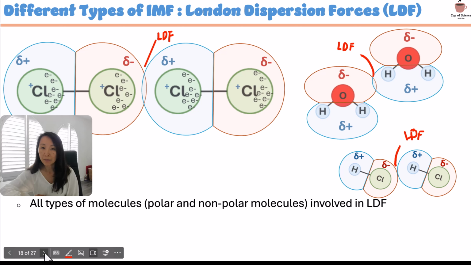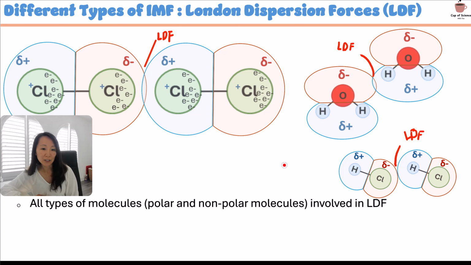All types of molecules, whether polar or nonpolar, will be involved in London dispersion forces. Now you might ask, well, this one has hydrogen bonding and this one has dipole-dipole. Yes, that is true. This has hydrogen bonding, but in addition, it has London dispersion forces. In addition to the dipole-dipole of the HCl, it will have London dispersion forces.